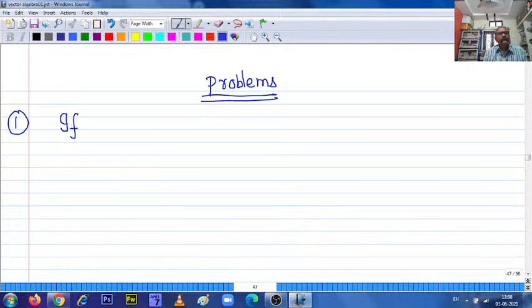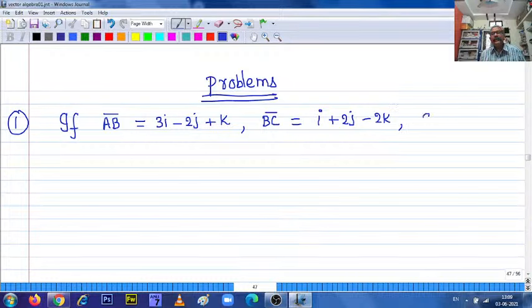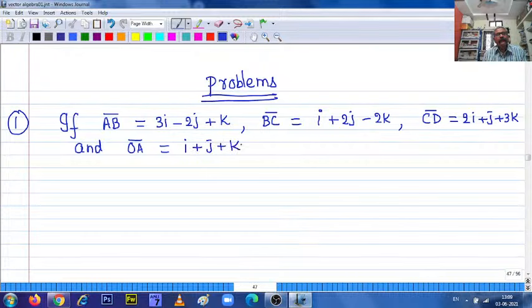First problem. If AB bar equals 3i minus 2j plus k, BC bar equals i plus 2j minus 2k, CD bar equals 2i plus j plus 3k, and OA bar equals i plus j plus k, then the position vector of D, that is OD bar, we need to find out.